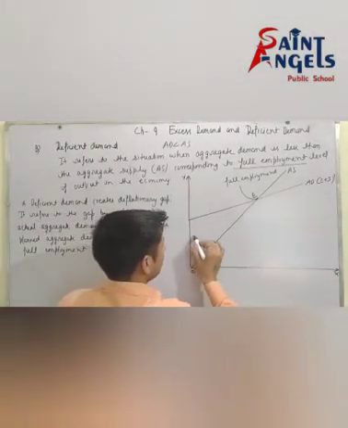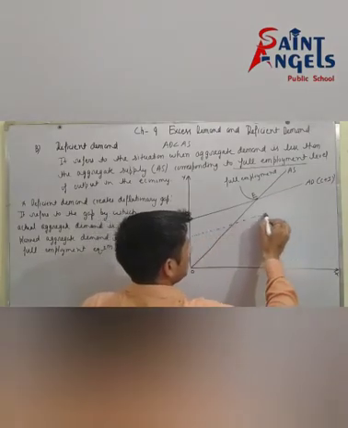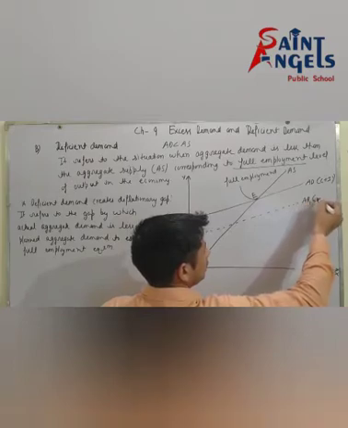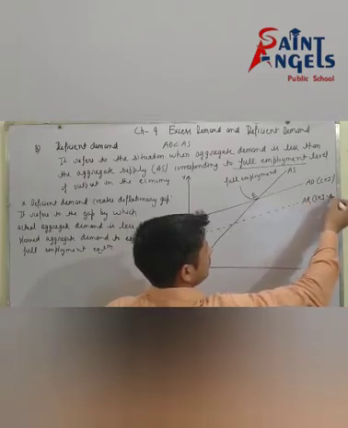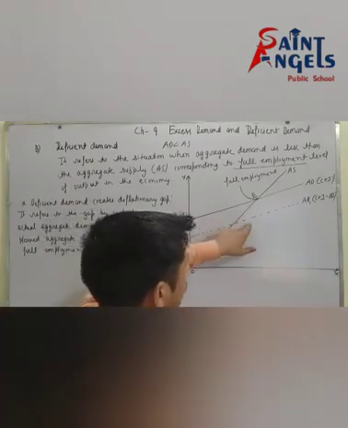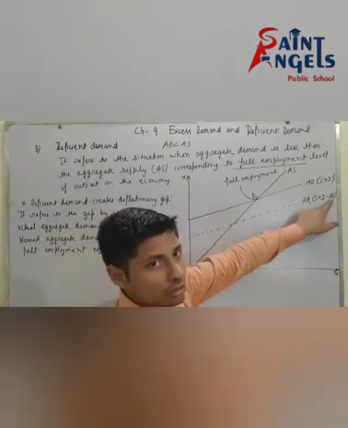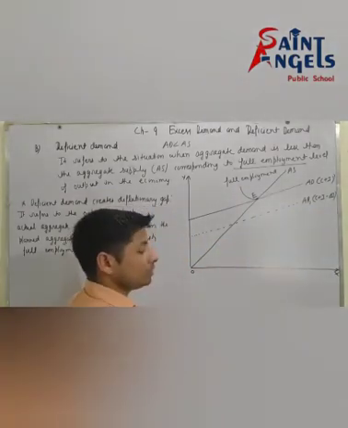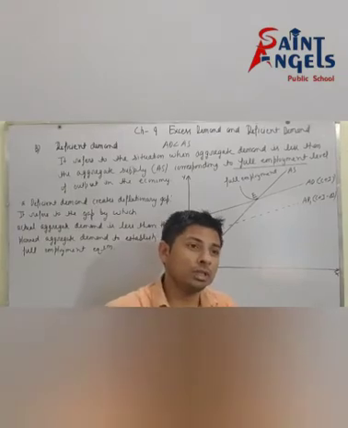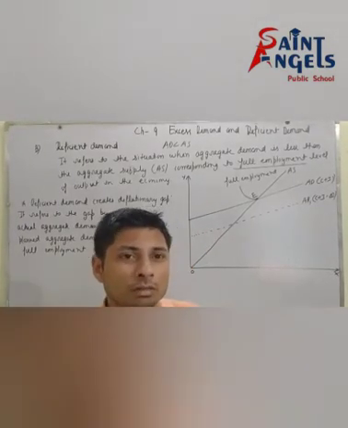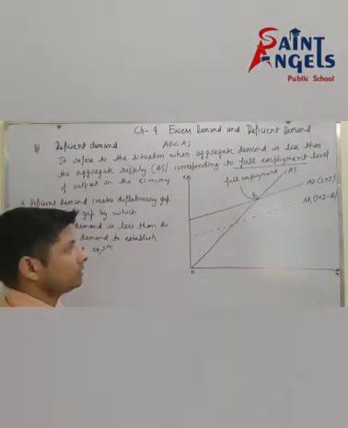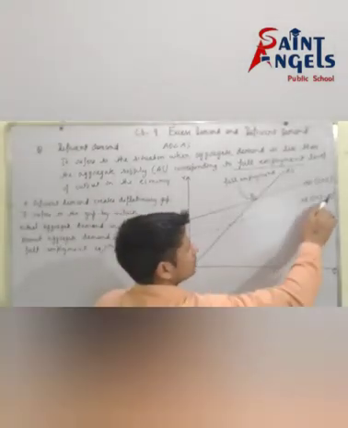So the new AD curve will lie below, AD1, C plus I minus delta I, because aggregate demand decreases due to a decrease in investment. You know that change in investment means delta I. So I hope all of you are aware of the concept of delta I.